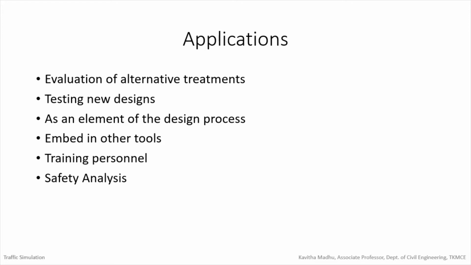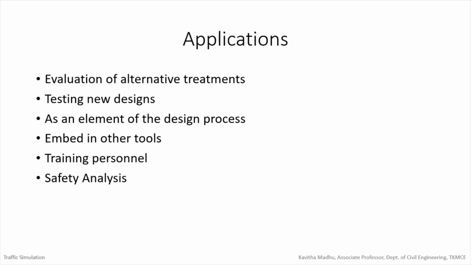Then we can use this for training persons. Say, for example, when we were learning driving, we might have gone through a driving simulator. Hope you remember that. In a similar way, we can use simulation to train persons, and it can also be used for safety analysis.